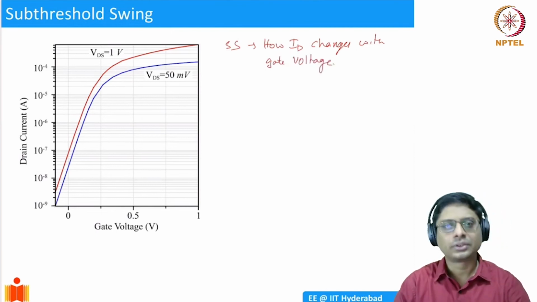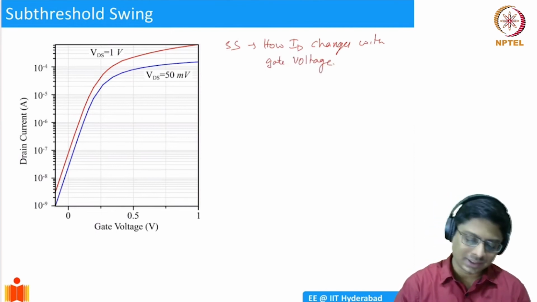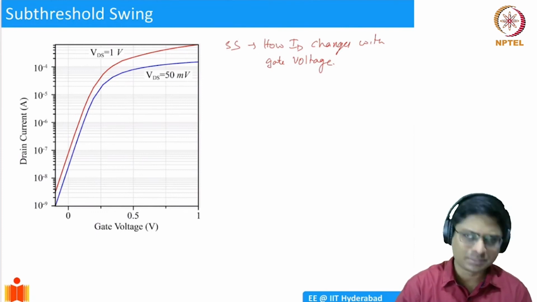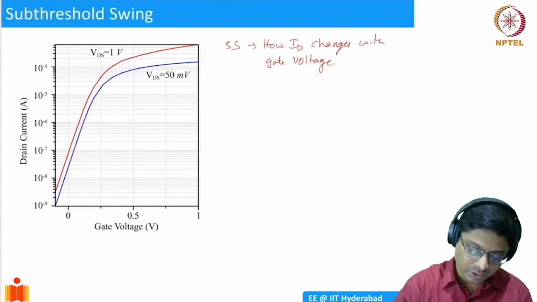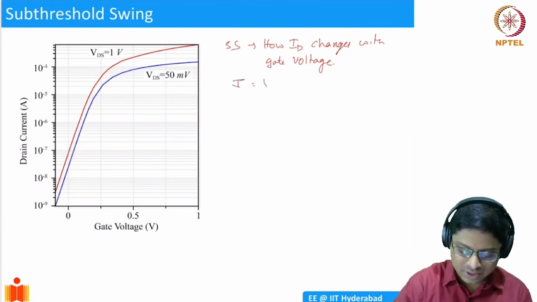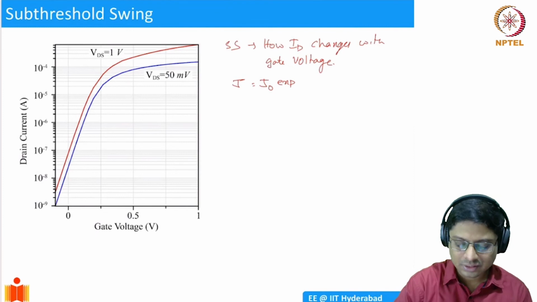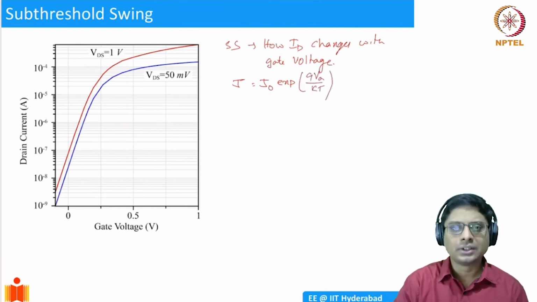Okay. So I already mentioned to you that, let's say, this is current flow across a barrier, like a thermionic barrier. So you have J is going to be J naught exponential of QV applied by KT, right? So this is the current, some current flowing at some applied voltage.